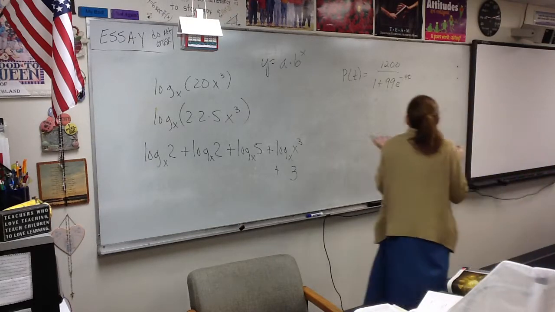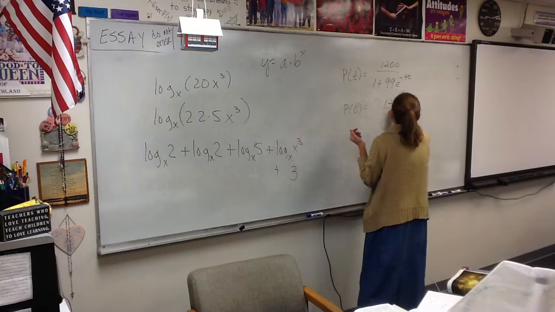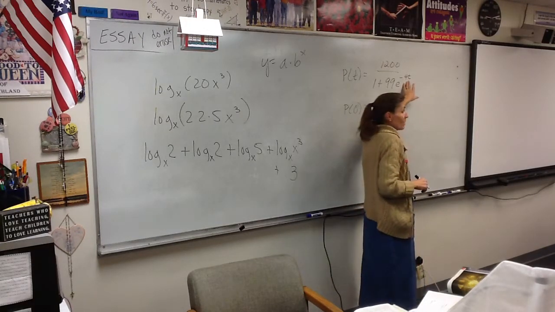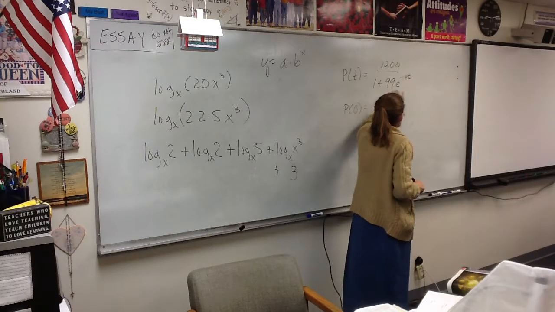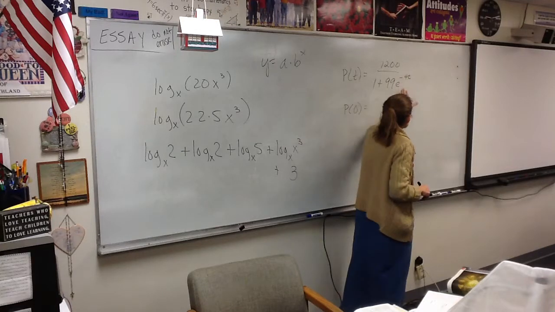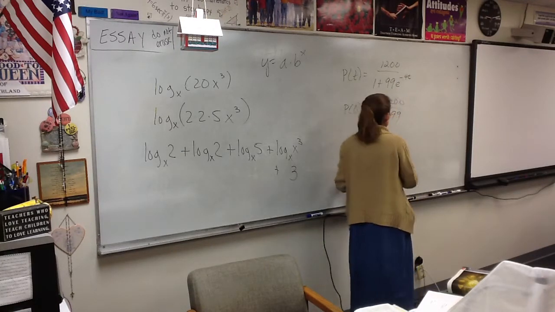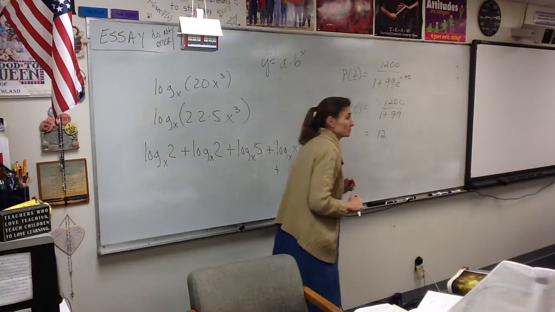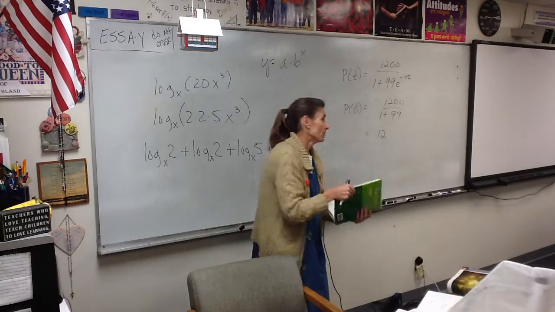So we're just going to let T be 0. Now, remember, anything to the 0 is 1. So this is 1 times 99. Your denominator is just 100, isn't it? So what's the initial population? 12 deer.